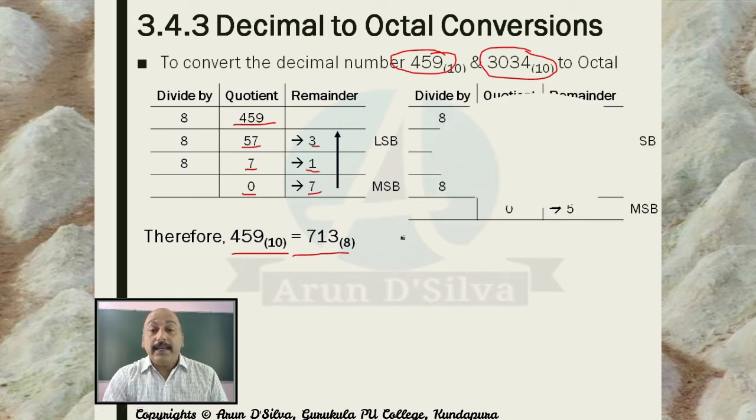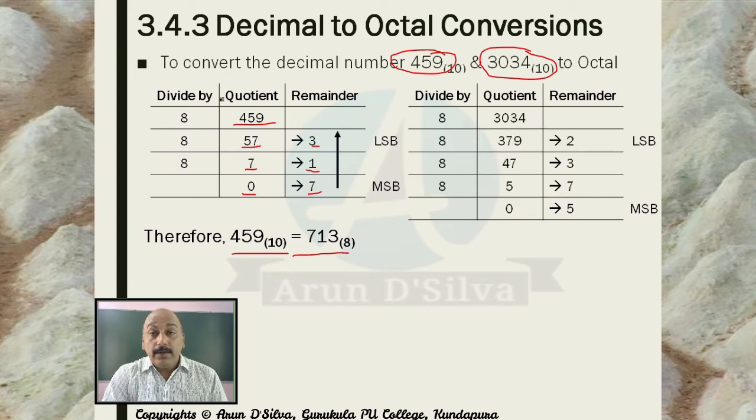Again I take 3034 and divide it by 8. I get 379 as the quotient and 2 as the remainder. Again I divide 379 by 8.